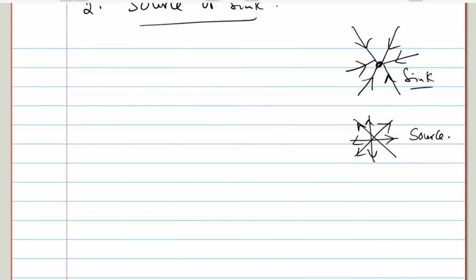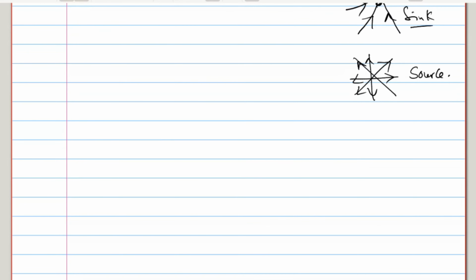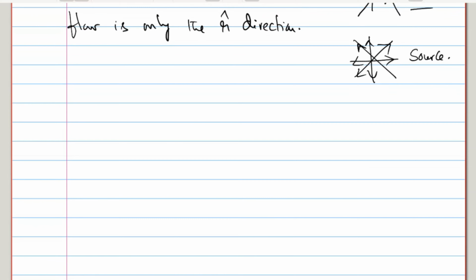So if you see this one, flow is only in the radial direction, the R cap direction, right? So what do you expect if it is R cross that one?